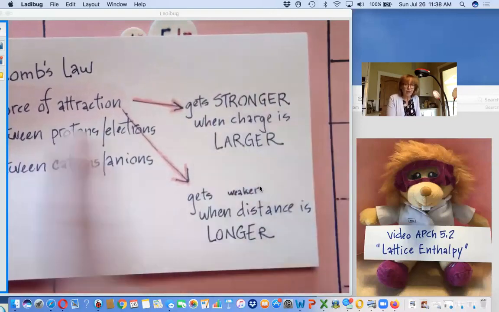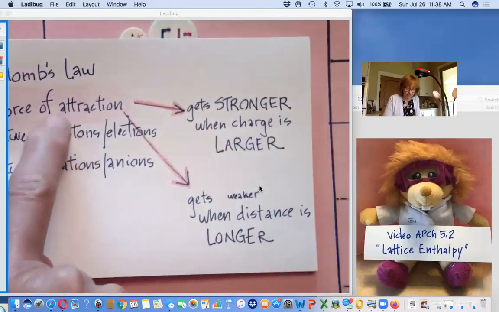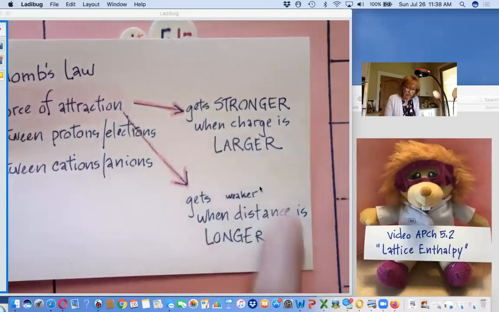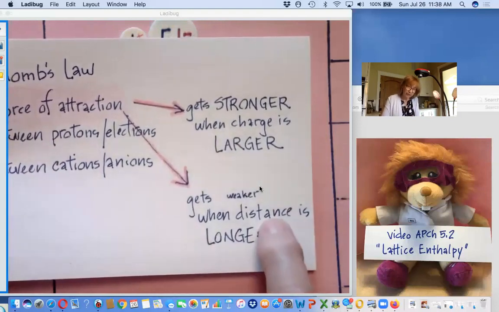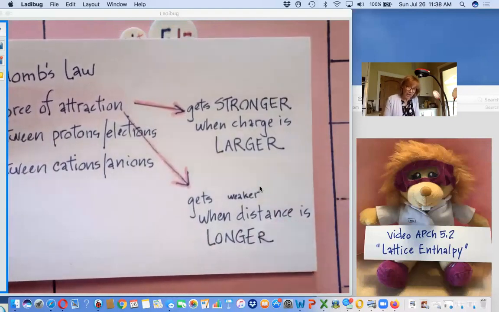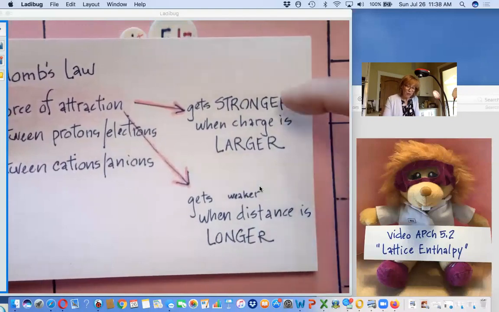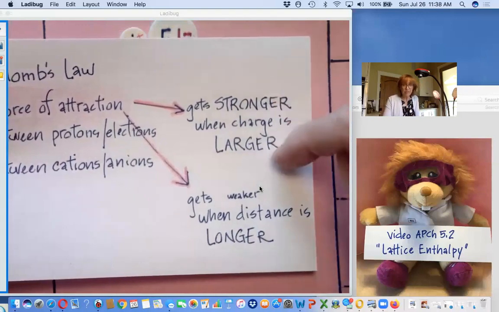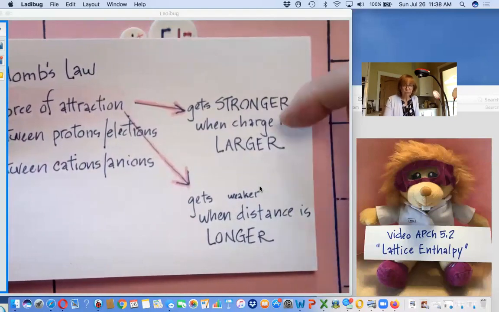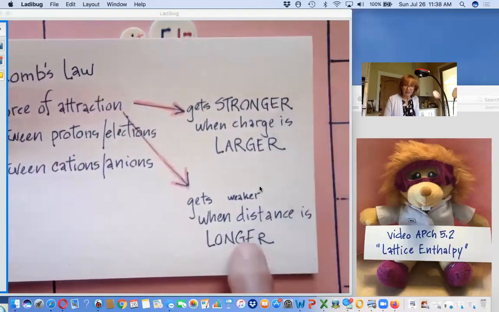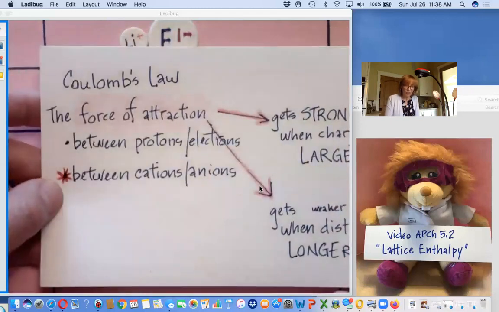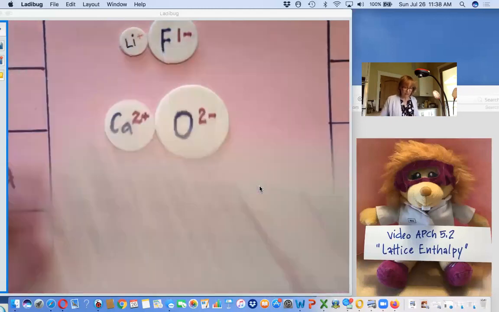That's automatically going to have the stronger force of attraction. Don't consider the internuclear distance piece unless the compounds that you're comparing have the same charges. Charge trumps distance as we consider Coulomb's attraction for lattice enthalpy.